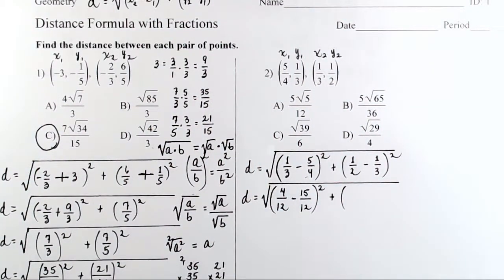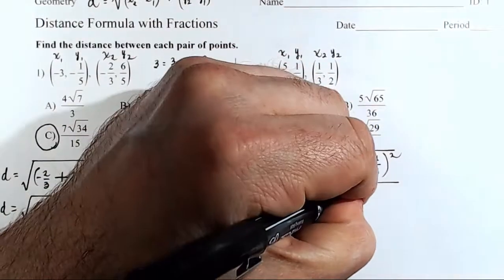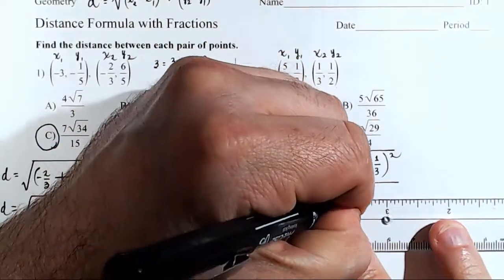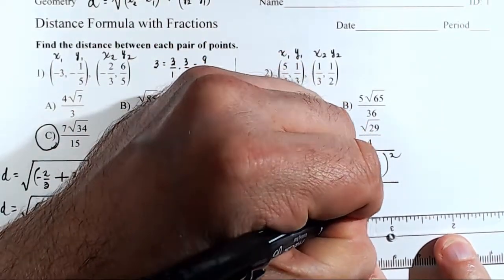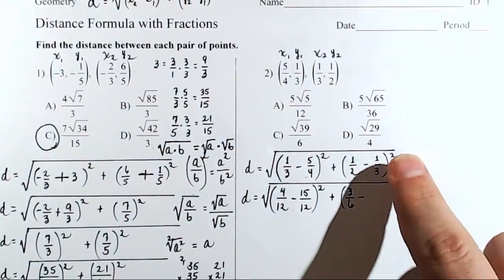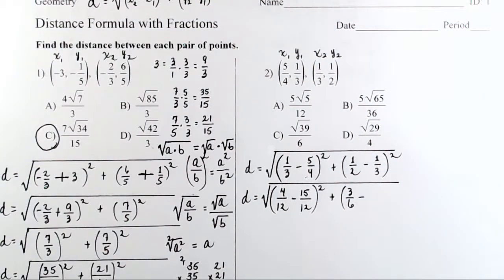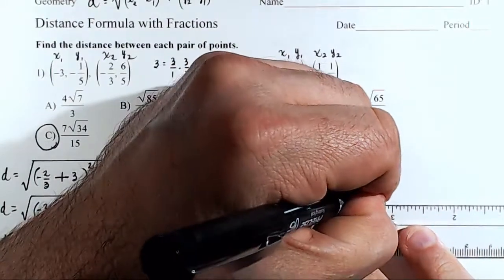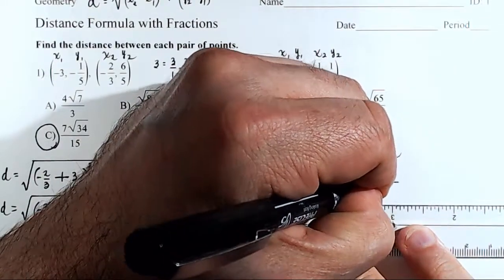Okay, 1/2 times 3/3 is 3/6 minus 1/3 times 2 halves is 2/6.